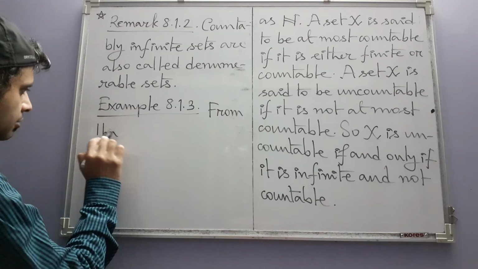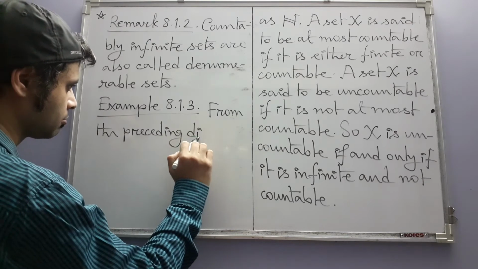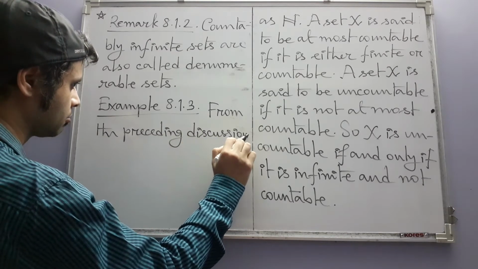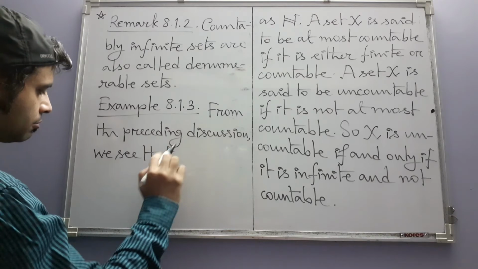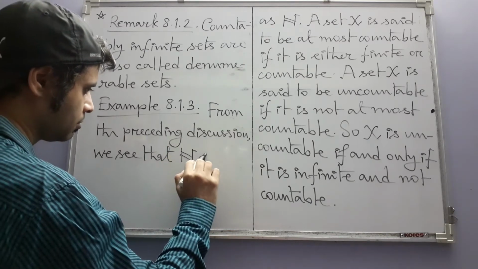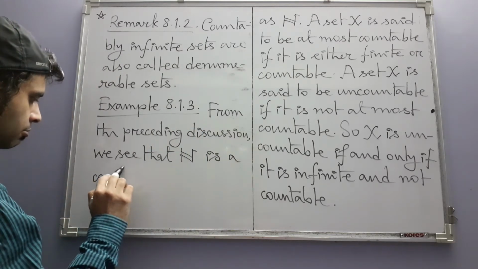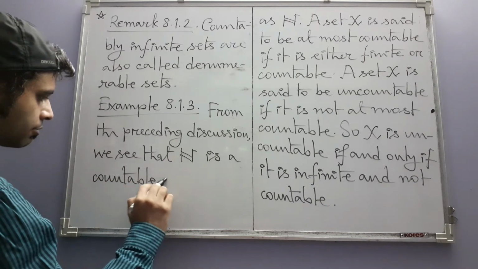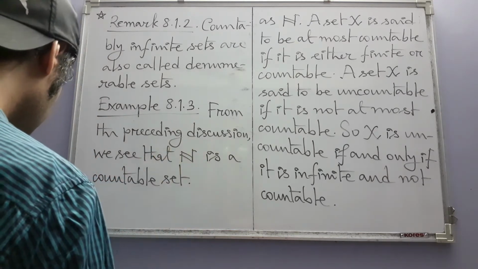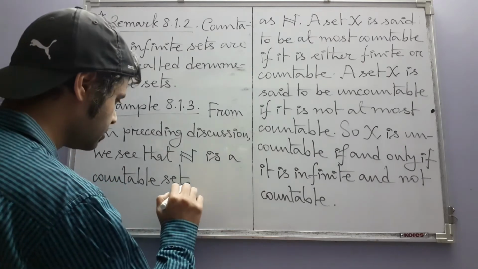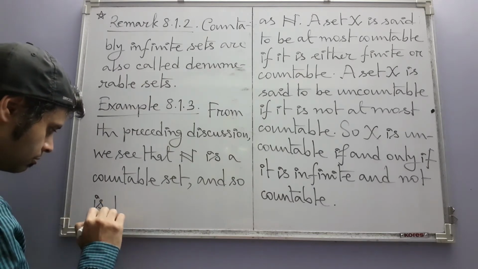From the preceding discussion, we see that the set of natural numbers itself is a countable set, and so is this.